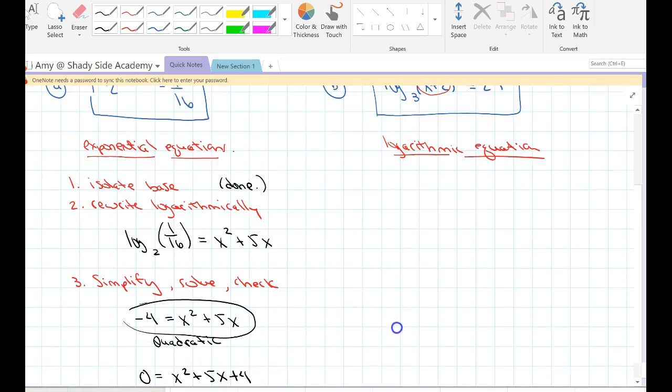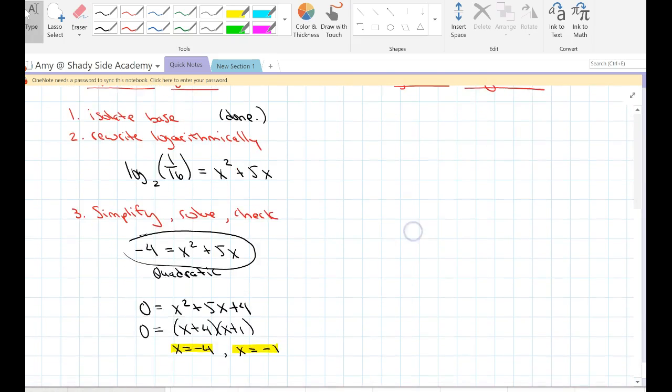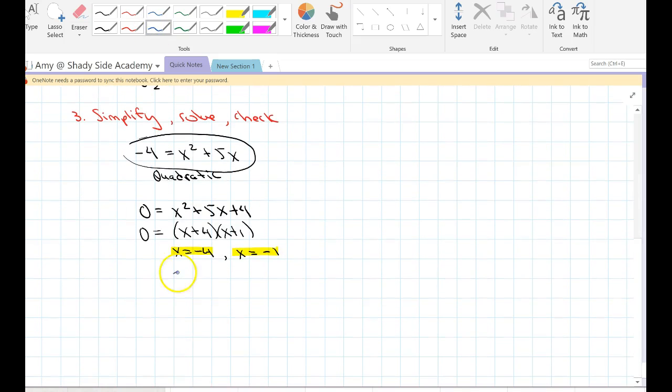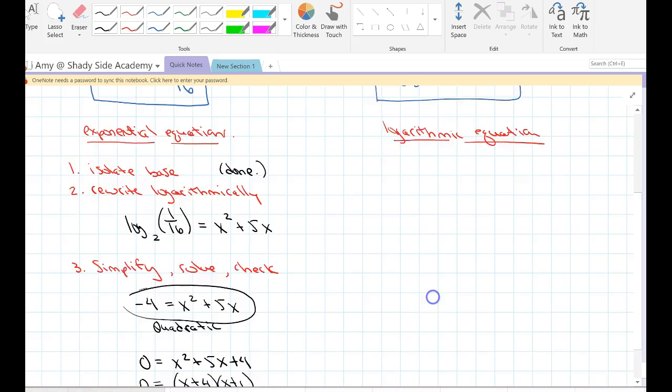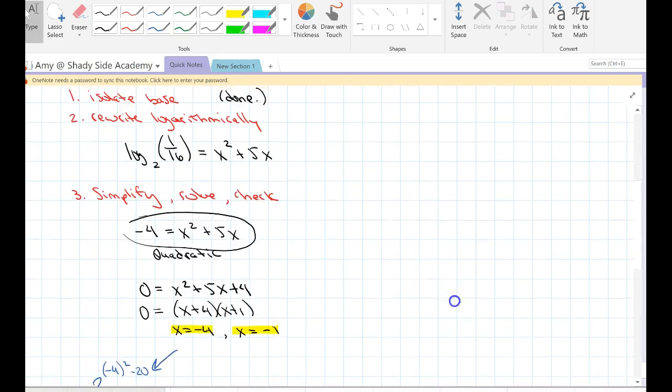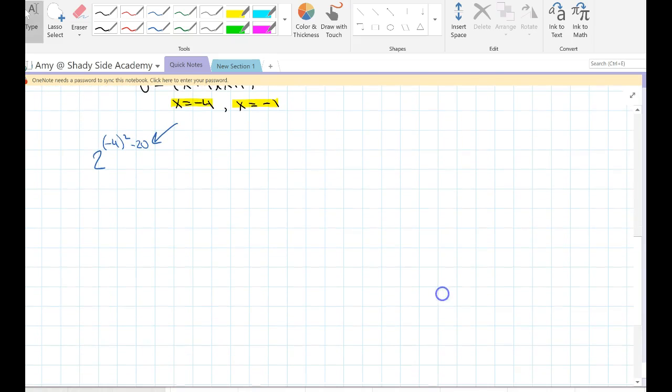So let's check x equals -4. When x equals -4, I have to plug it into the very original. So 2 to the (-4) squared plus 5 times -4, so minus 20, will that equal 1/16? Okay, let's see. Well, this becomes 2 to the 16 minus 20, which equals 2 to the -4th, and 2 to the -4th does in fact equal 1/16.